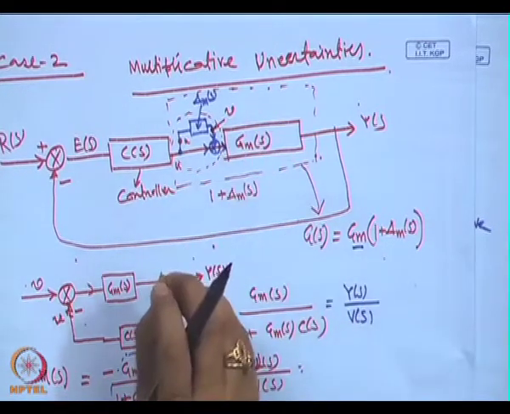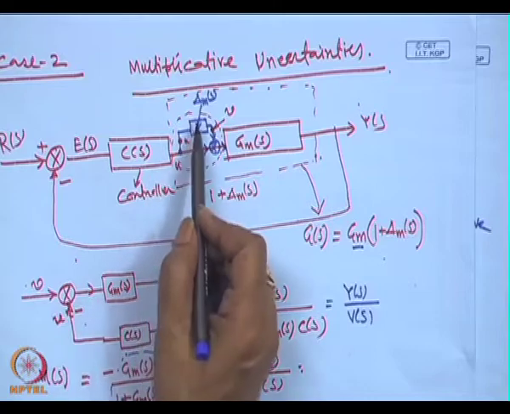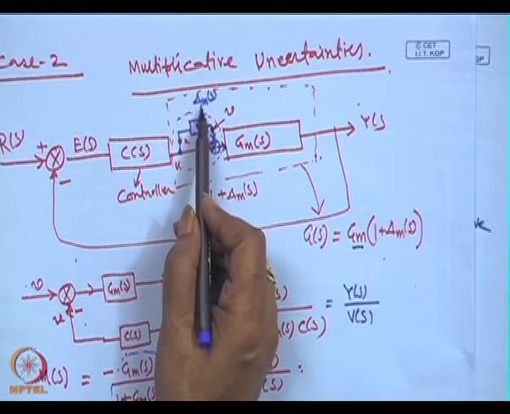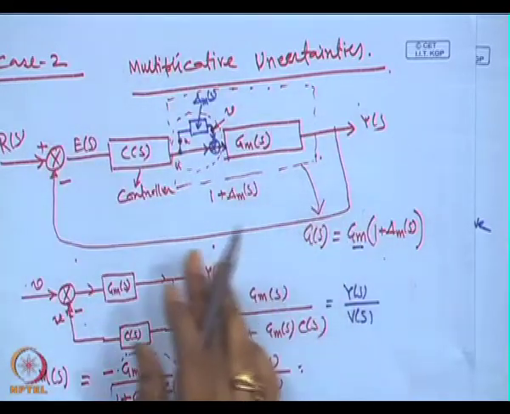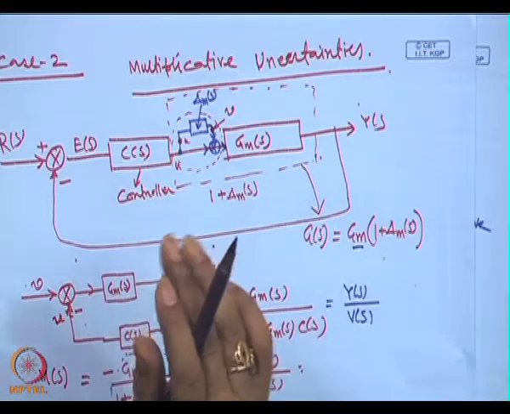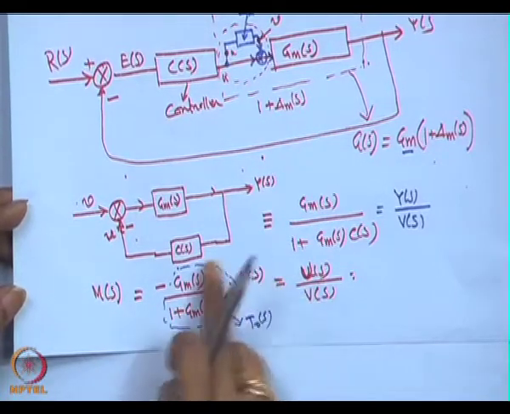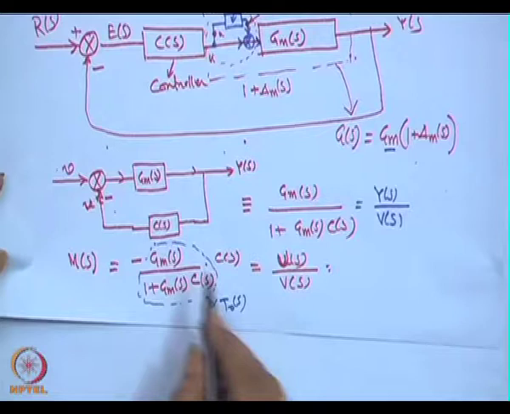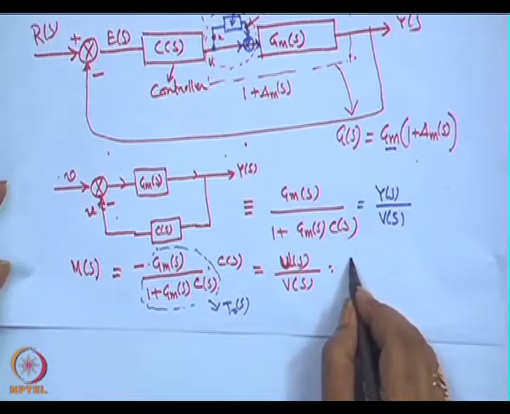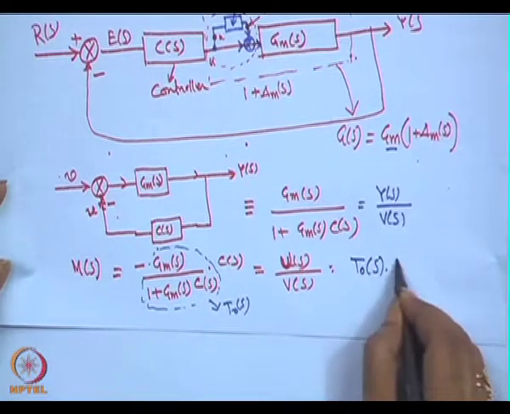Now the question is, our objective is to find the perturbation bound of delta m so that the system will remain stable. That means, how big the perturbation delta m is required for the system to become unstable. So, I found the transfer function between these 2 points, which is nothing but T 0 of S into C of S.